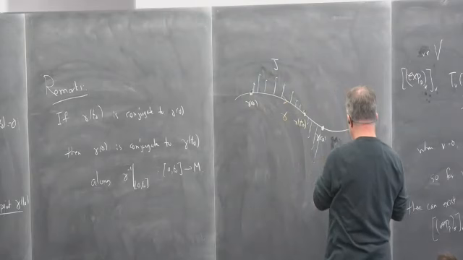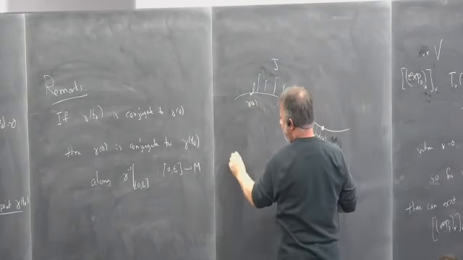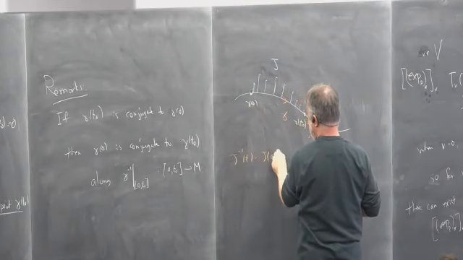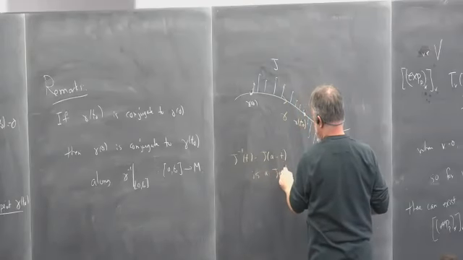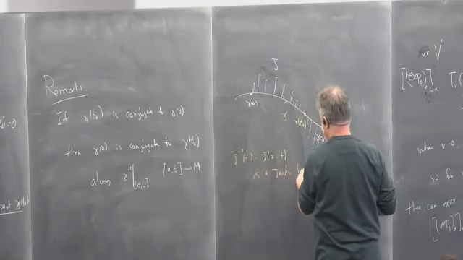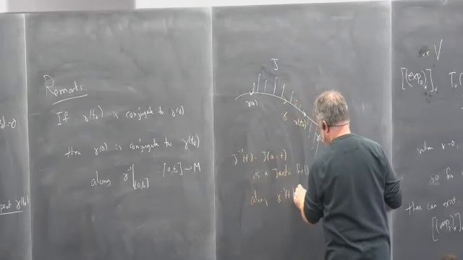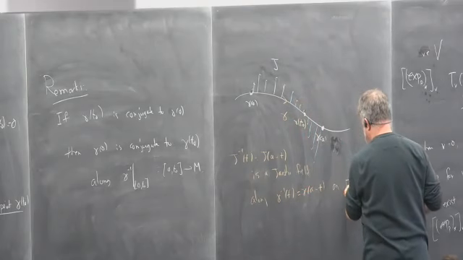We don't care what it does after that. And you can see that if I look at J inverse of t, which is J of a minus t, this is a Jacobi field along gamma inverse of t, which is gamma of a minus t on 0a.